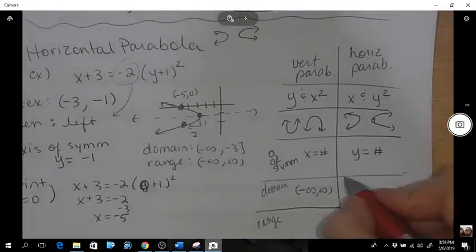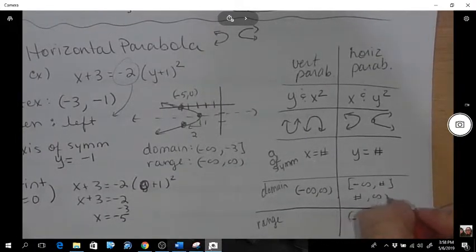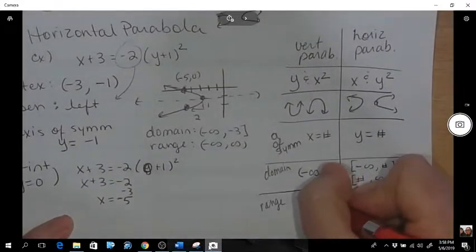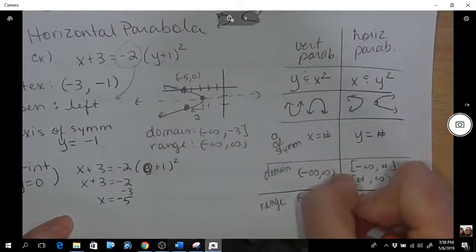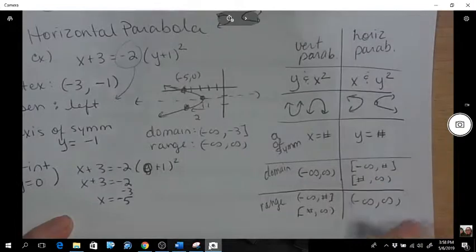And then the domain on this will either be negative infinity to a number or a number to infinity depending on the direction. And on this one, same thing. Okay, so that's the difference between the two.